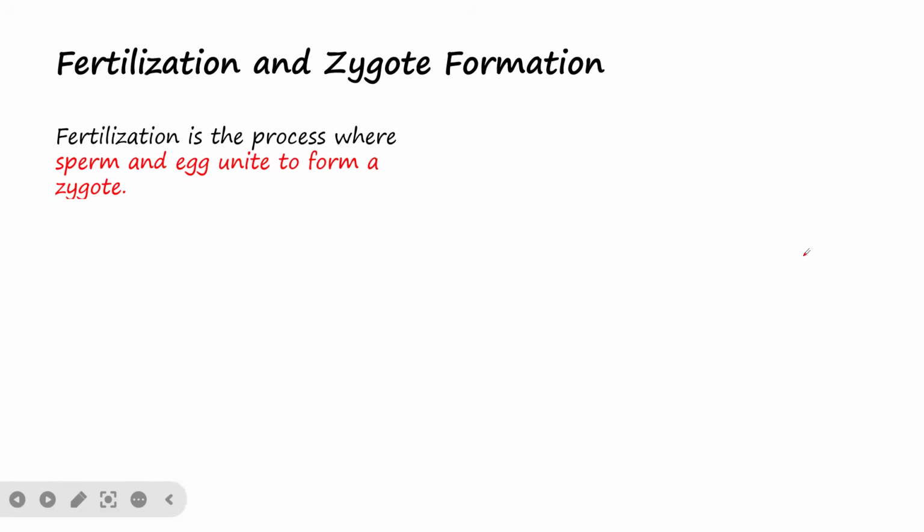So first, what is fertilization? Fertilization is a process whereby the nucleus of a sperm cell and the nucleus of the egg cell unite to form a zygote. The point you should understand is that before fertilization takes place, the nucleus of the sperm cell and egg cell must unite together to form a zygote.